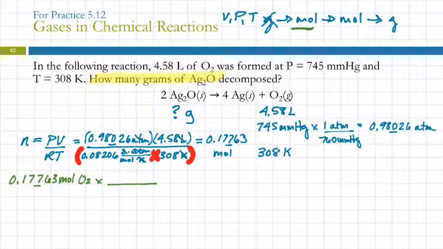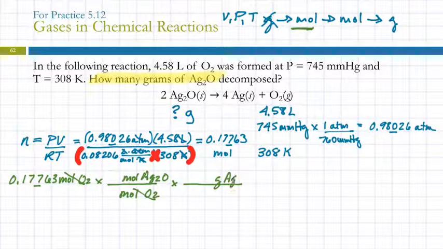I'm going to go from moles of O2 to moles of the thing I'm interested in, moles of Ag2O. And in the denominator, I'm going to have moles of O2. That's just my unit, so the units cancel. And then I need another term. I'm going to grams. I need grams of Ag2O and moles of Ag2O in the denominator.